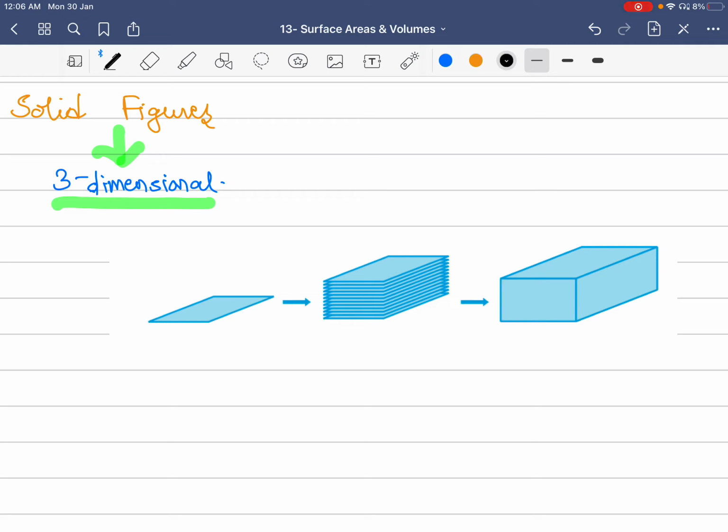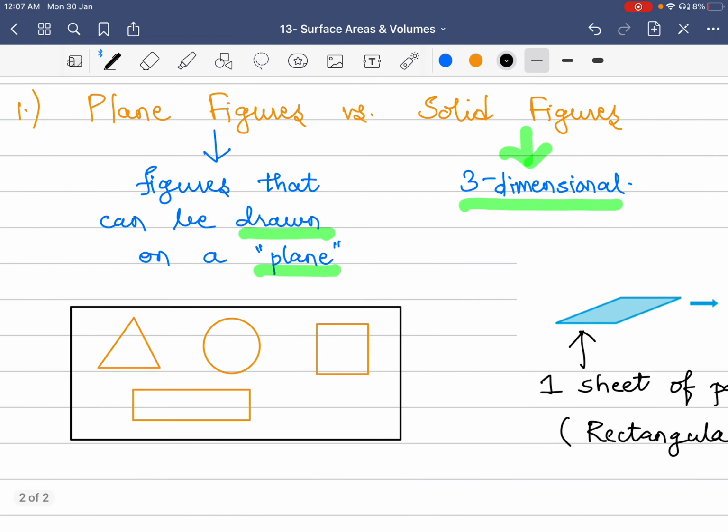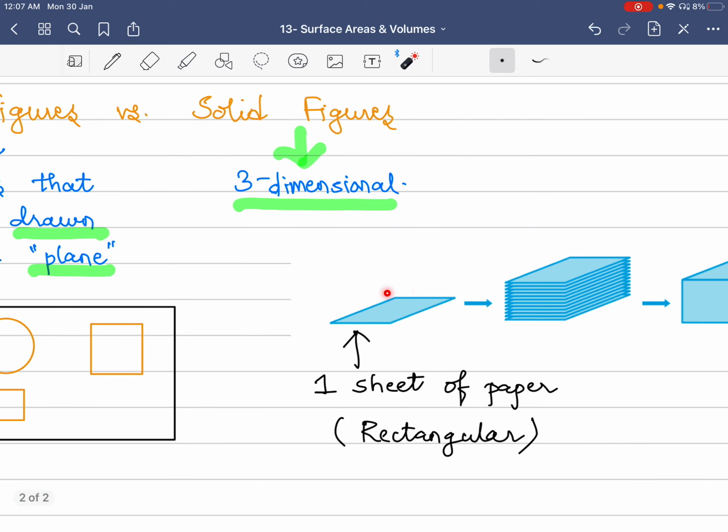What is this? This is one sheet of paper, and the shape of this sheet of paper is rectangular. So something similar to this. This rectangular sheet of paper is cut out and we have brought it here.